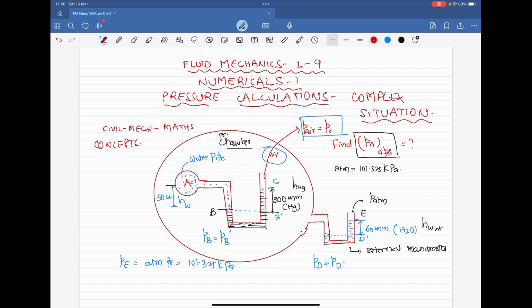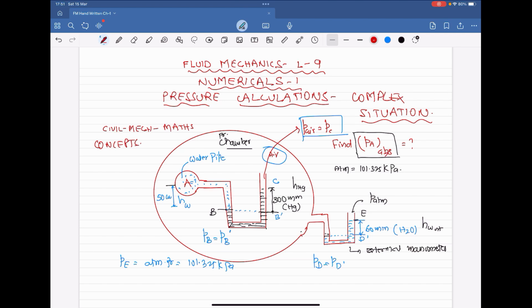Please try to understand that the absolute pressure in this case for a water pipeline is not gauge pressure plus atmospheric pressure. It is the gauge pressure plus the pressure of the air in the closed chamber exerted on the mercury liquid in the U-tube manometer.